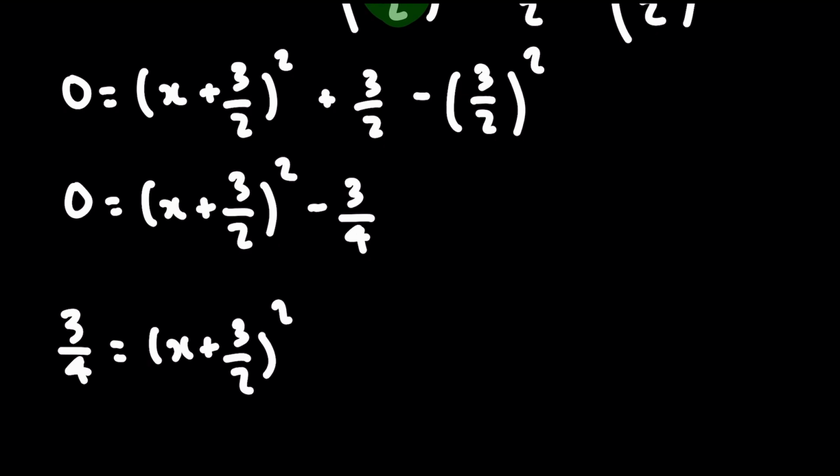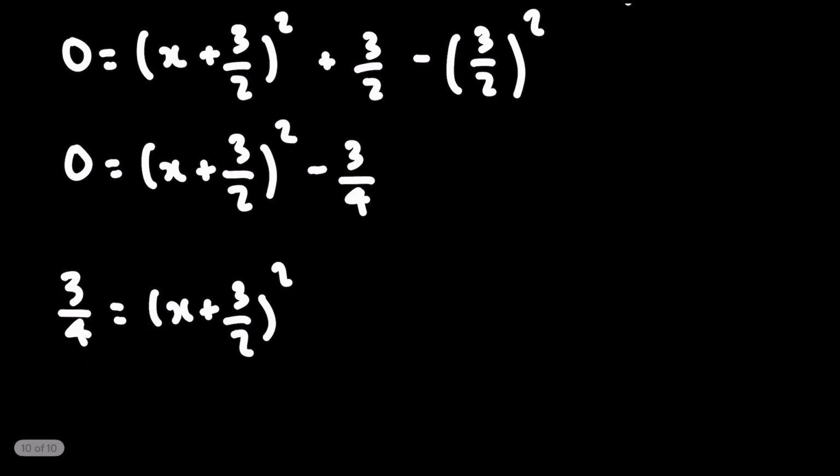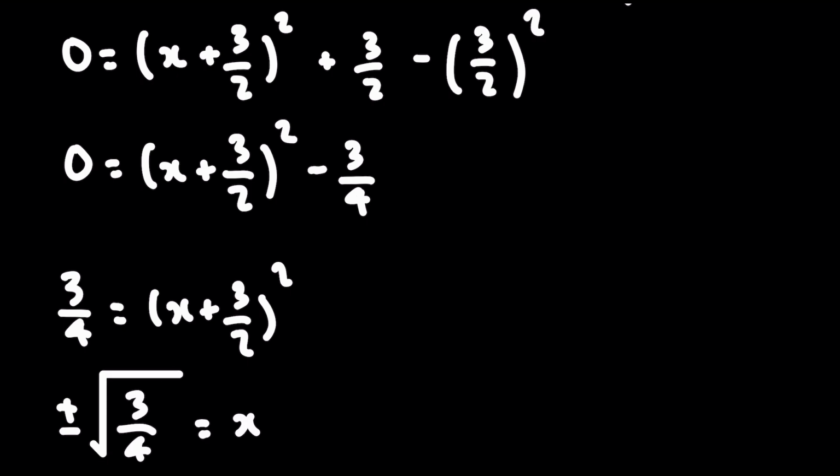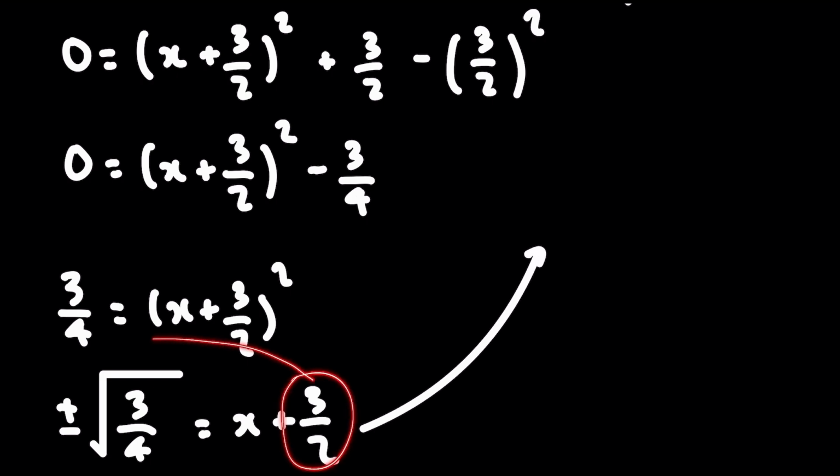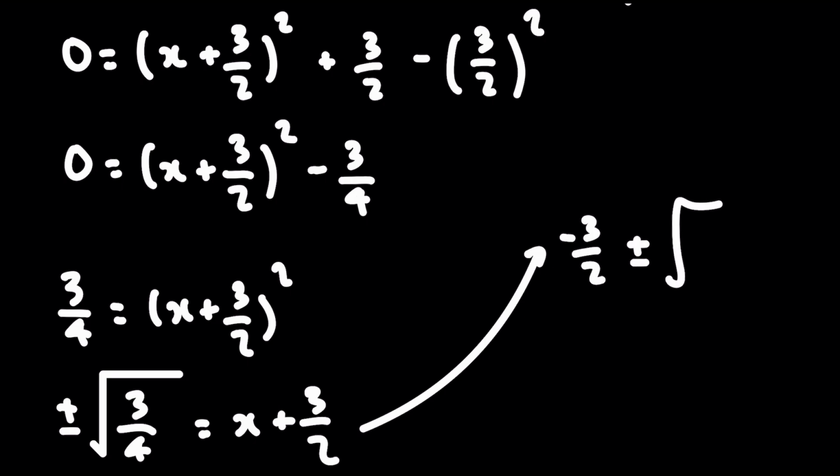And I can square root both sides. So if I square root both sides, I would get plus or minus the square root of 3 over 4 equals x plus 3 over 2. Lastly, I can move this 3 over 2 to the other side, and I'll have minus 3 over 2 plus or minus the square root of 3 on 4.